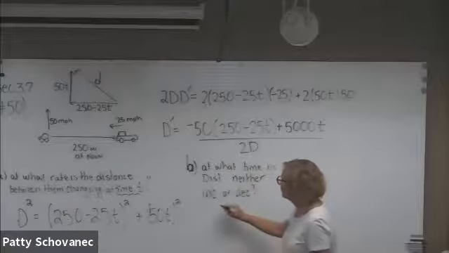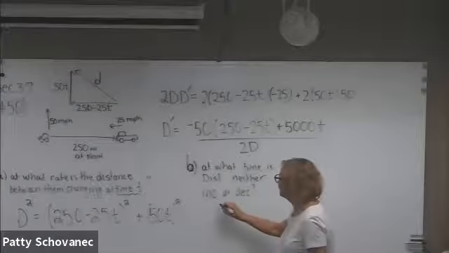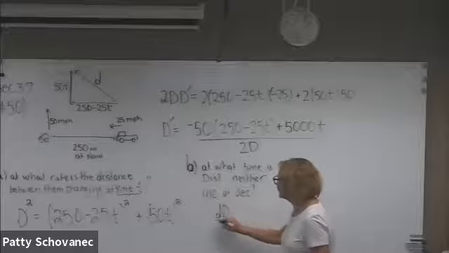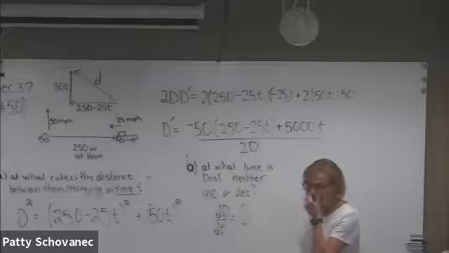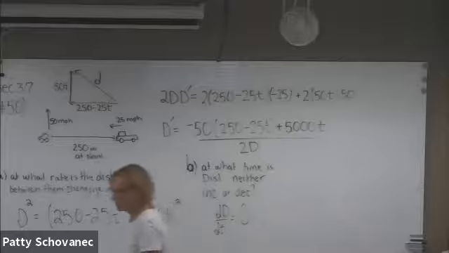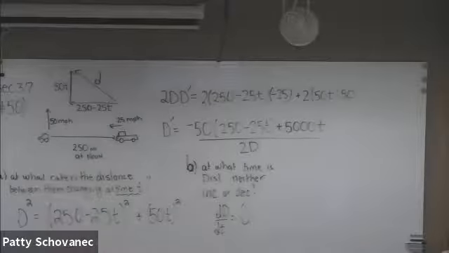In other words, the rate of change in d with respect to t is 0. So d prime is 0 when that numerator over there is 0. So let's set the numerator equal to 0.